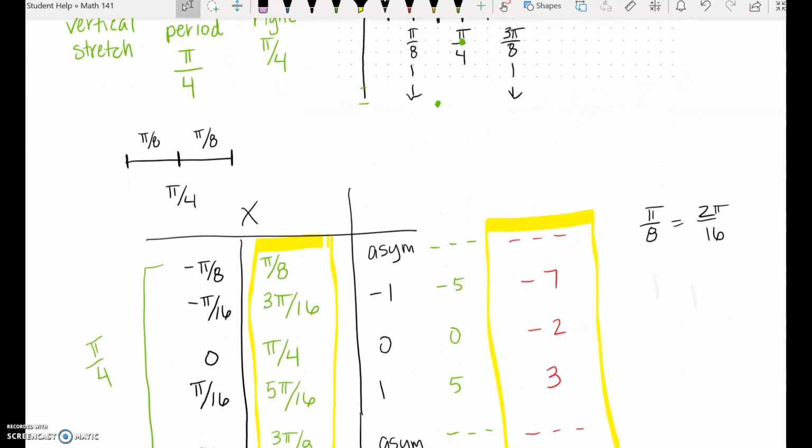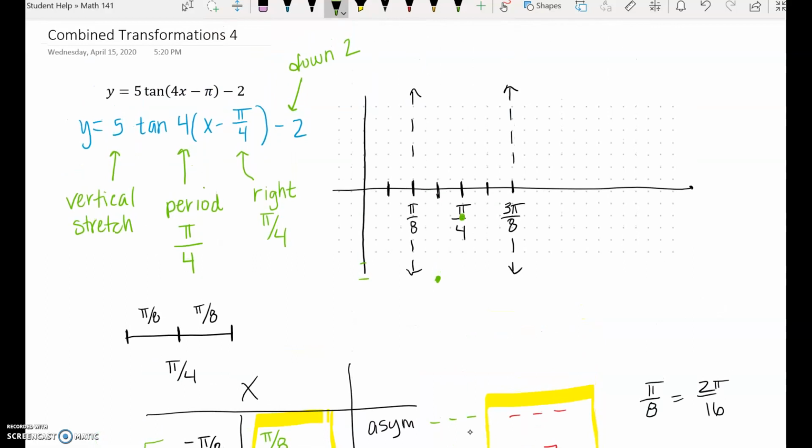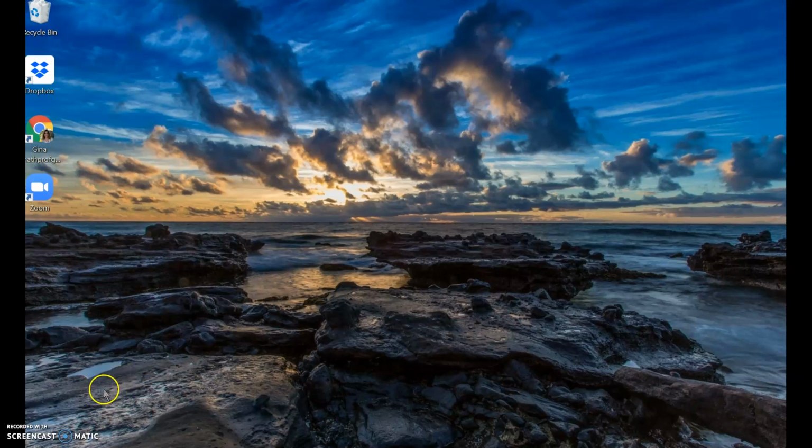And then the other quarter point, I'm at +3. So 1, 2, 3, so somewhere up here. So my graph is going to look like this, going towards that asymptote and then coming back down to the other asymptote. All right, I've got one more example to do. So sorry for the weird thing that happened in the middle.